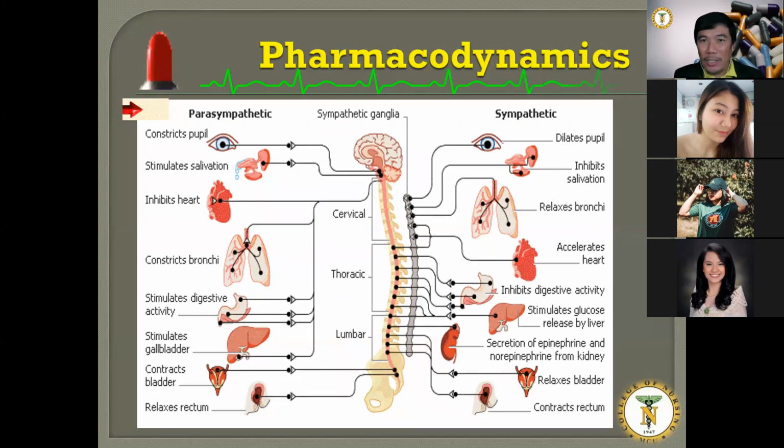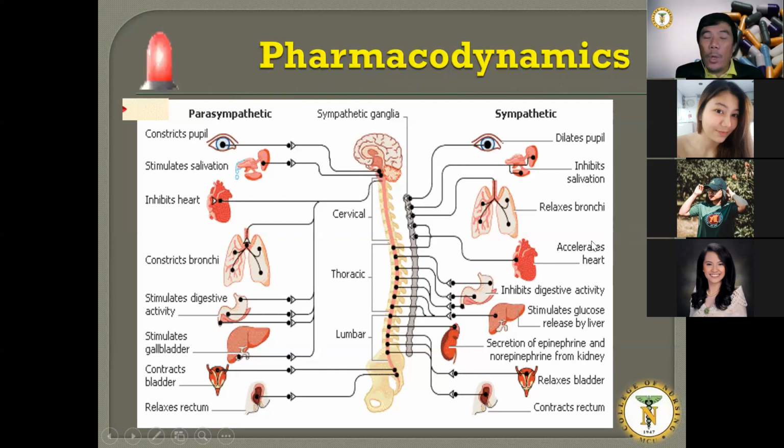We have mentioned that adrenergic is associated with the sympathetic response. So when epinephrine is administered, it will accelerate the heart rate and increase the contraction of the heart.